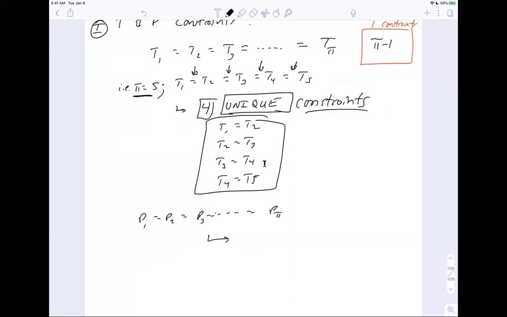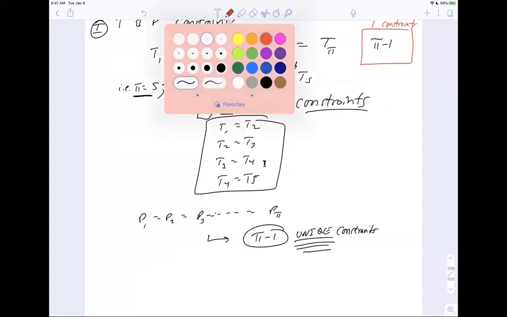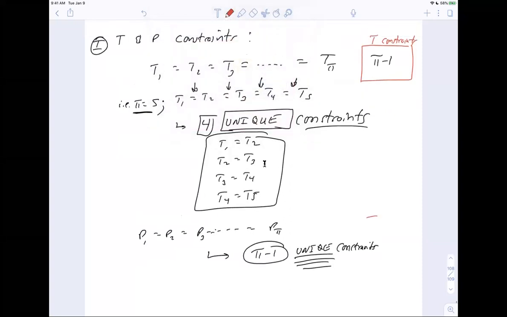We will have pi minus 1 unique constraints, unique being the operative word here. So from the pressure, we'll have pi minus 1. Let me write that down: pi minus 1 constraints from pressure.